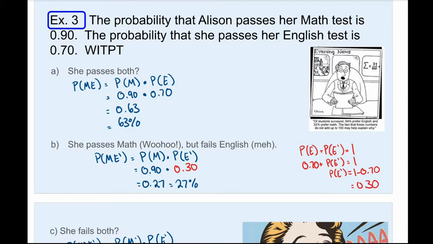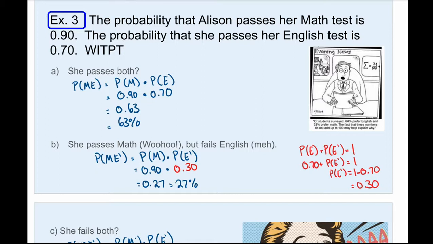Going back to when we talked about theoretical probability in a previous lesson, we talked about the complement, which is the opposite. So the probability of her passing plus the complement, or the opposite, which in this case would be the probability of her failing, those two probabilities have to add up to equal 1. That's the most probability you can have, 1 or 100%.